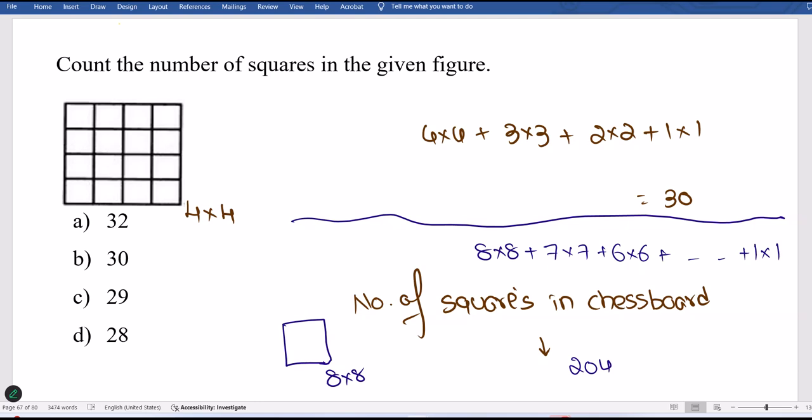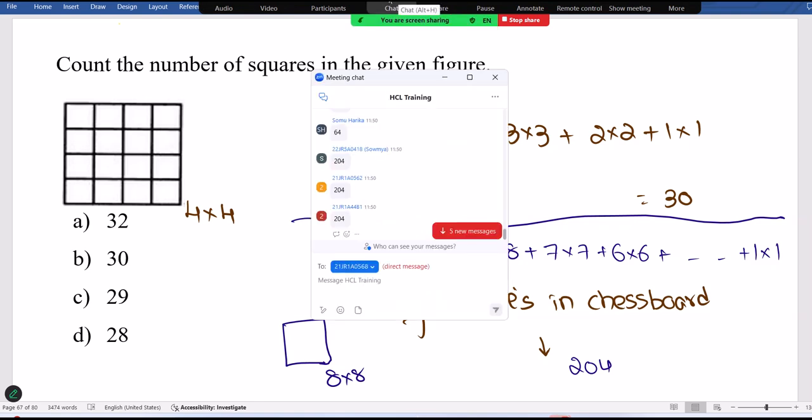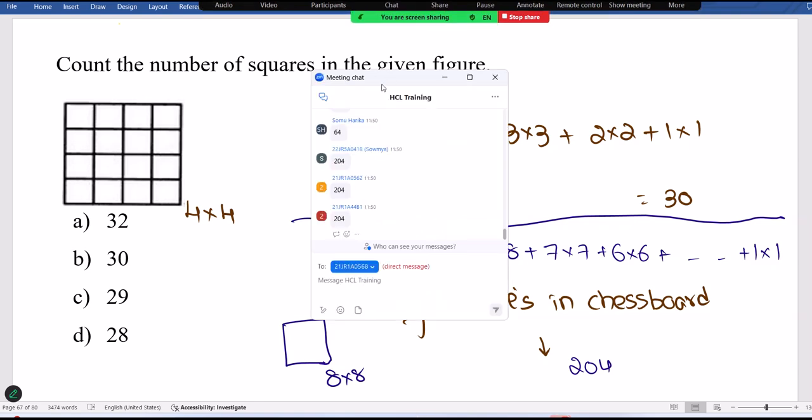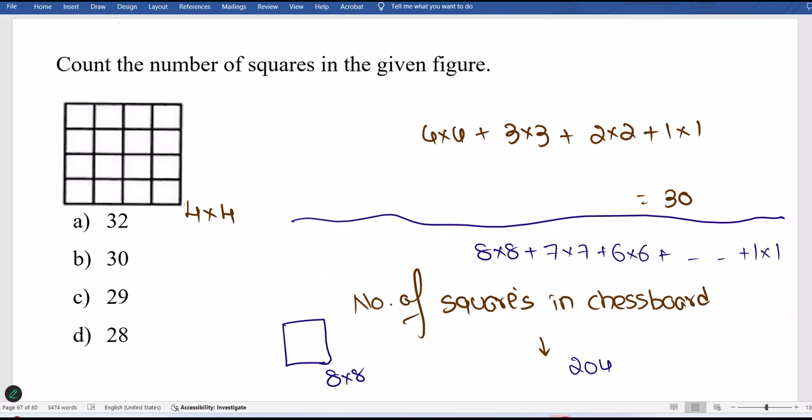Right? Super, 204. Very good, that's what we are expecting. The number of squares in a chessboard is 204.